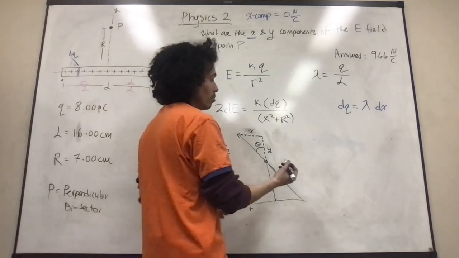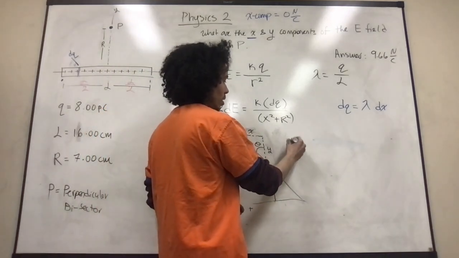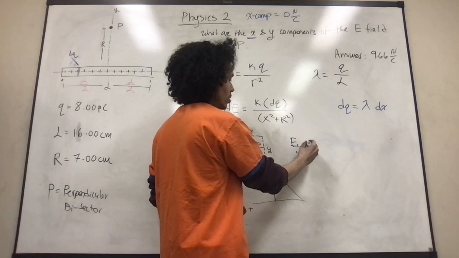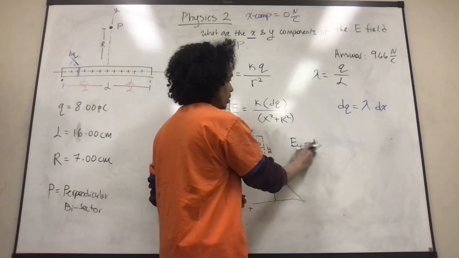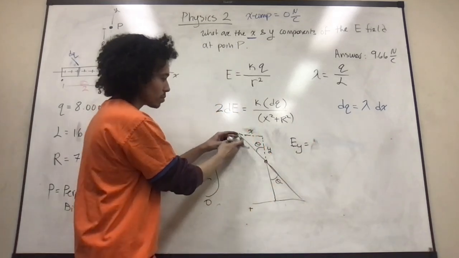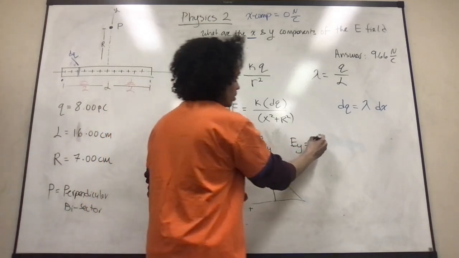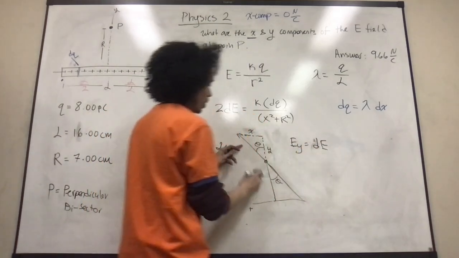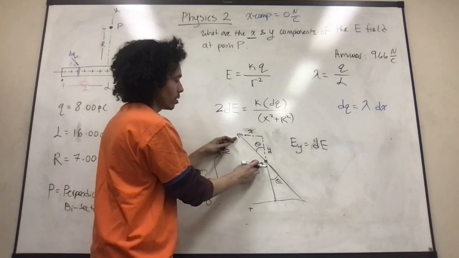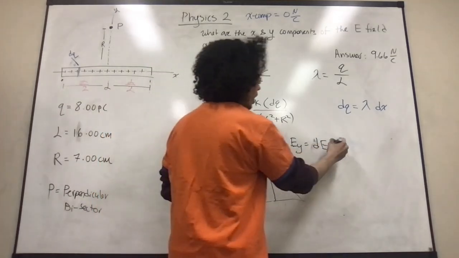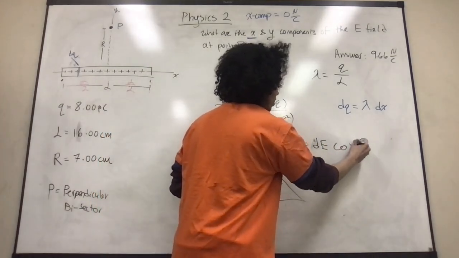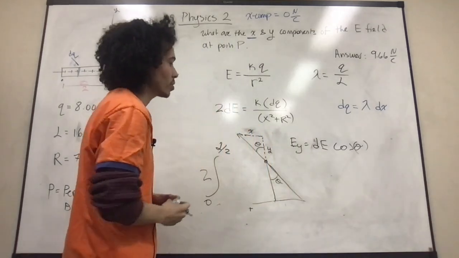Meaning that the y component is going to be equal to the magnitude of the resulting vector times cosine of theta.